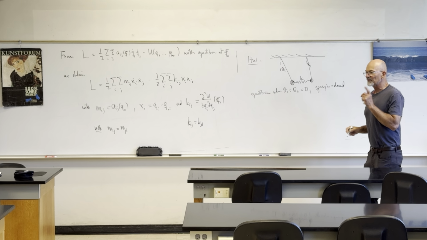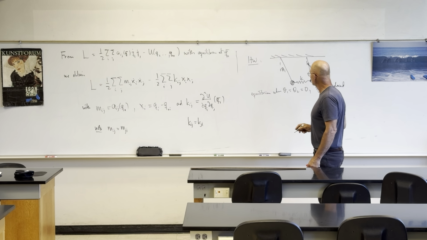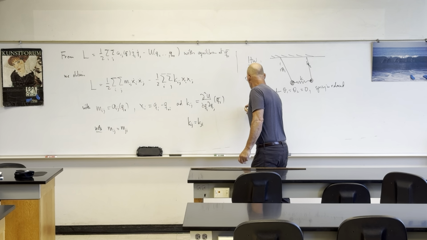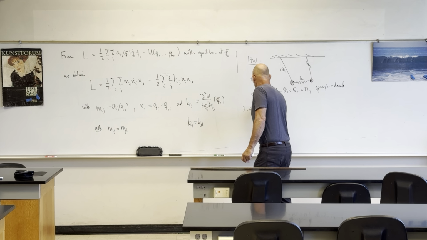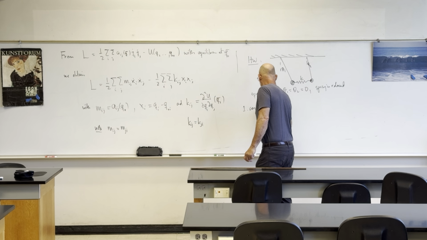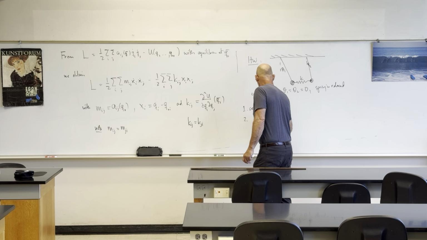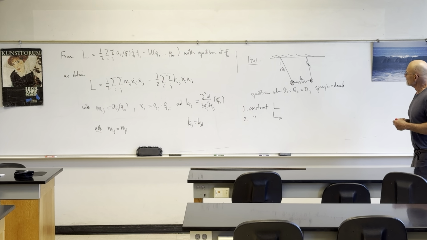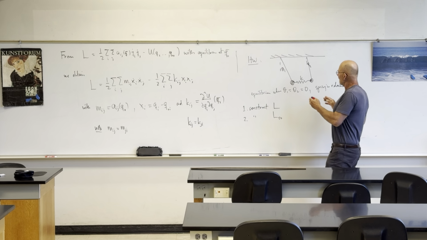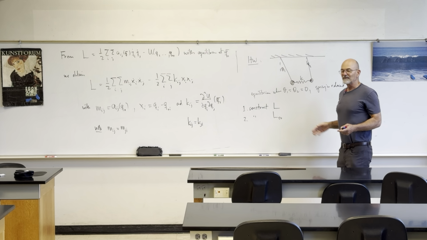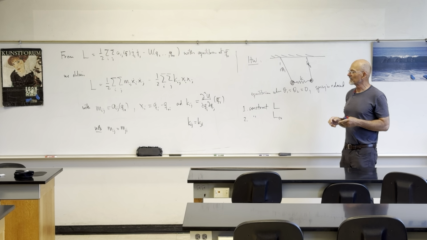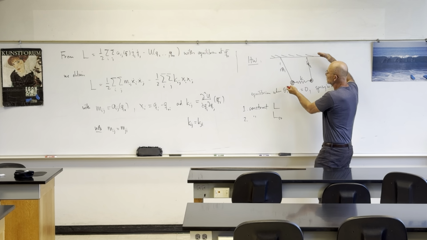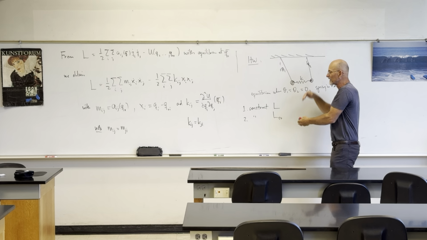So what we want to do is just construct the Lagrangian. And I have to give you an important tip here. Construct L, and then construct the small oscillations Lagrangian for this one. Now an important tip is this. The energy in that spring can be very difficult to construct if you have arbitrary angles and you have the Pythagorean theorem.